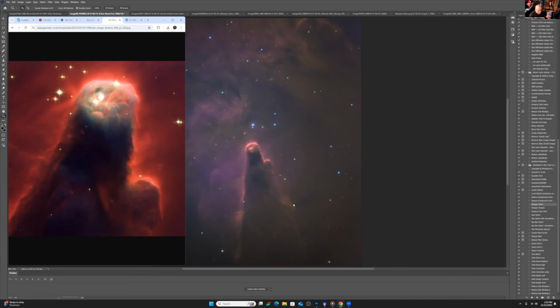This cluster is not in the center, I would say it's a little bit at the bottom of it, but it's a fascinating object. And I was very happy to get so close and be able to take a picture of this one. I really like it.